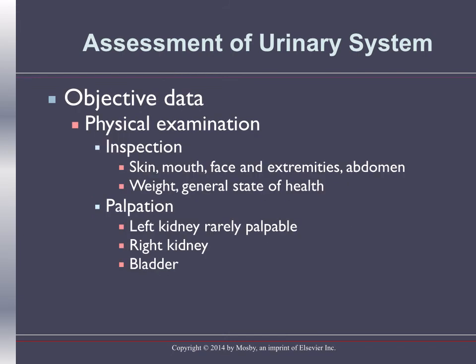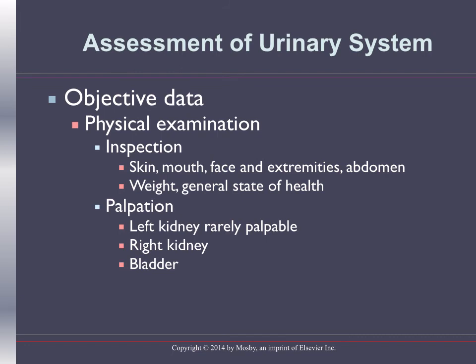Objective data, you all know it's inspection. We'll go from skin. Skin may be pale, with a yellow-gray cast, changes in turgor, bruises, or rough skin. Mouth: you can look for any stomatitis, any ammonia or breath odor.